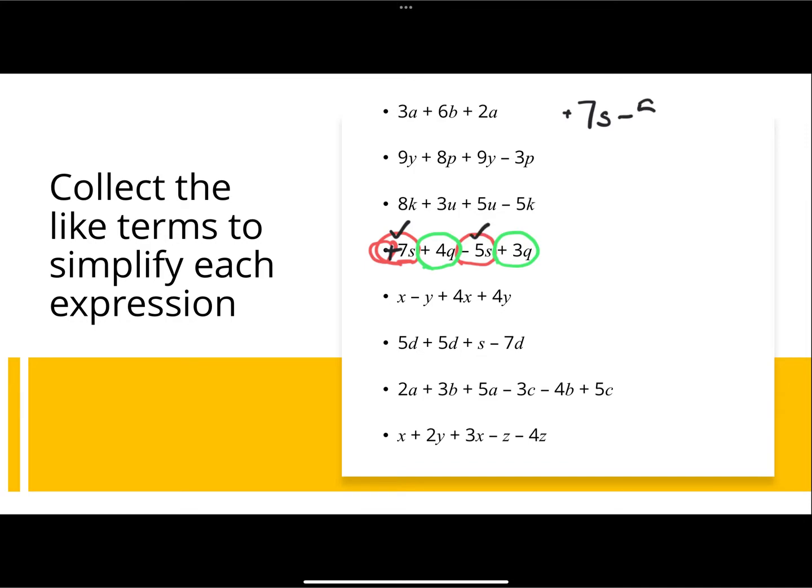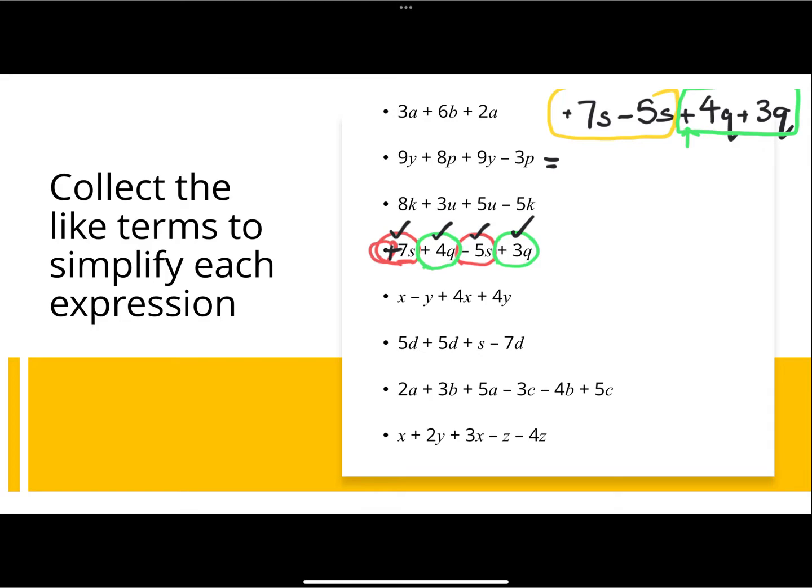Take away 5s plus 4q plus 3q. So now that I've rearranged it, I'm going to see if I can simplify my s's and then simplify my q's, making sure I've lassoed around that positive in front of the 4.